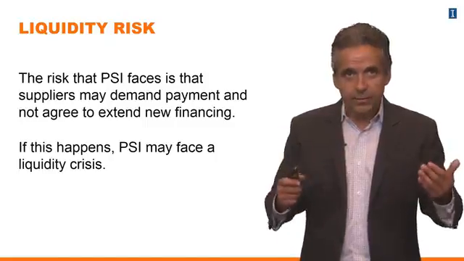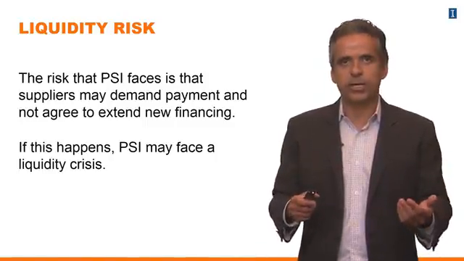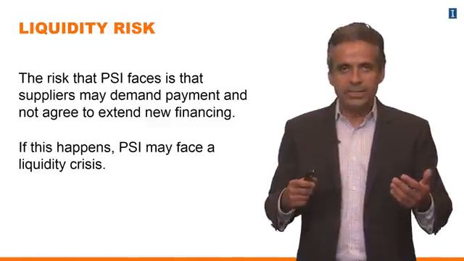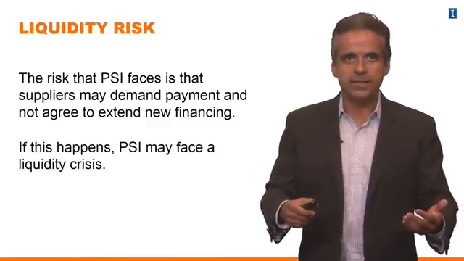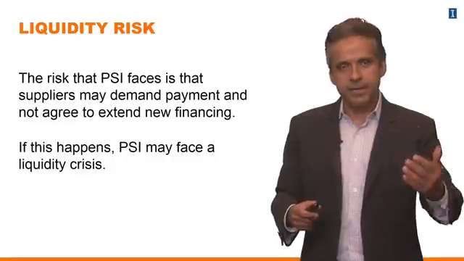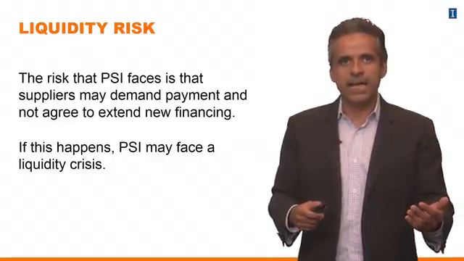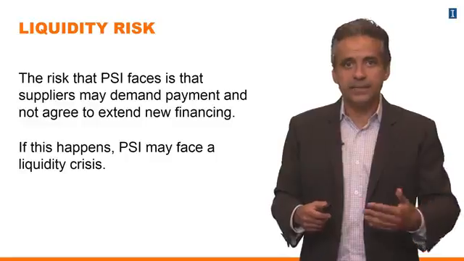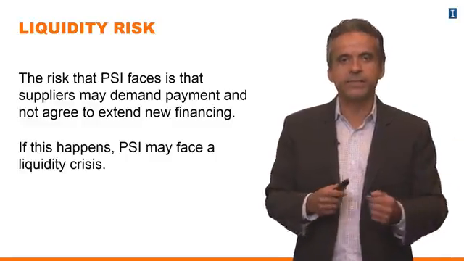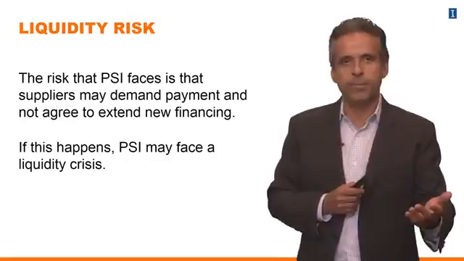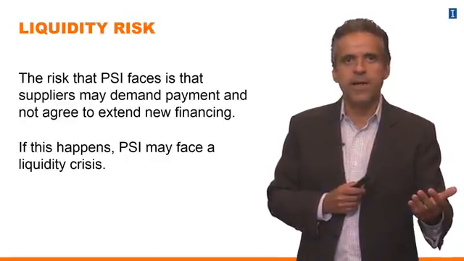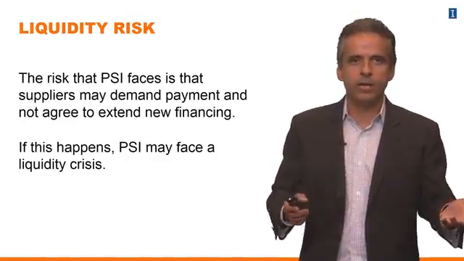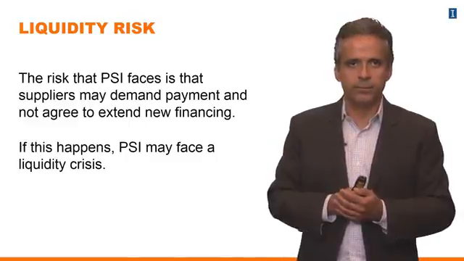This is the liquidity risk idea that we're going to talk about in this example. The liquidity risk that PSI faces is that suppliers may demand the payment of the 46 million and then deny the new financing. In that case, PSI may indeed face a liquidity crisis, because they have to repay that liability, and they really cannot raise the financing from the suppliers anymore.